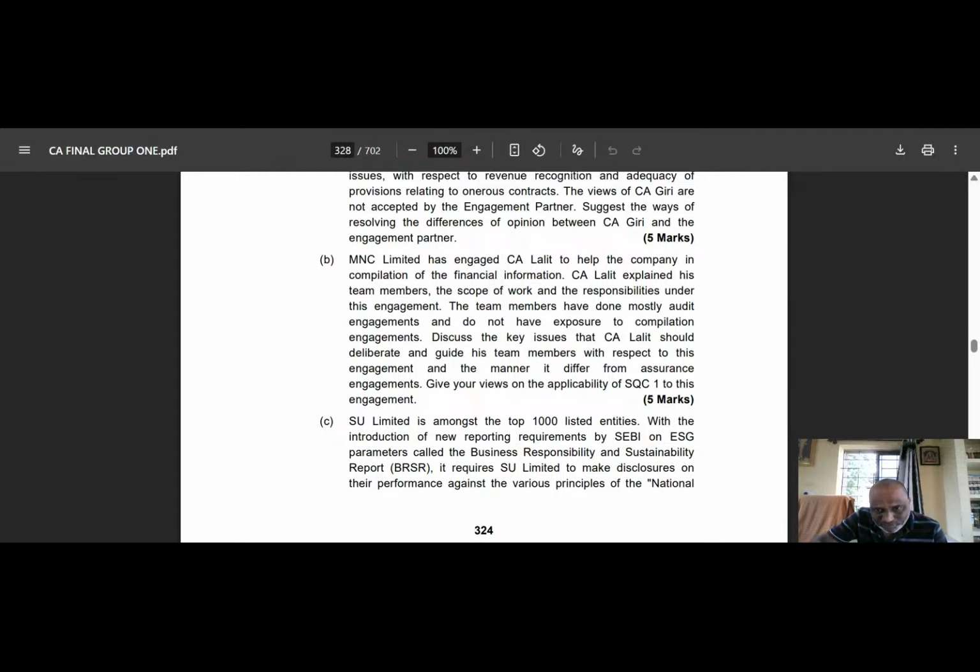Assurance engagement means an engagement in which a practitioner expresses a conclusion designed to enhance the degree of confidence of the intended users other than the responsible party about the outcome of the evaluation or measurement of subject matter against criteria.